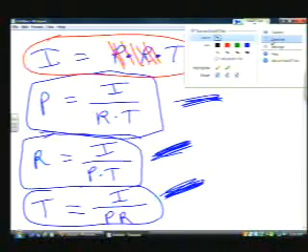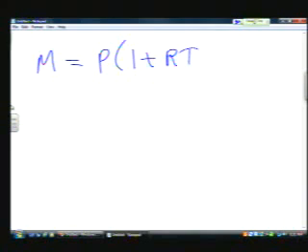One of the formulas your author gave you was this formula right here, from Learning Unit 17.1. Maturity value is equal to principal times 1 plus RT.